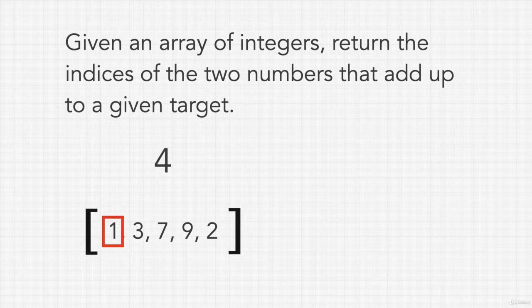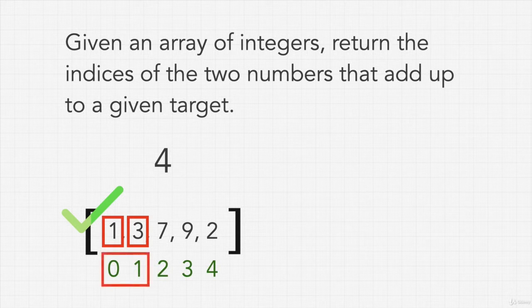We pick the 1, and then immediately we pick the next number, 3. We see that 1 and 3 added together give us 4, and automatically we found our solution. We just take the indices here, which is the 0 and 1, and we return our answer. Our code is done, our solution is found.